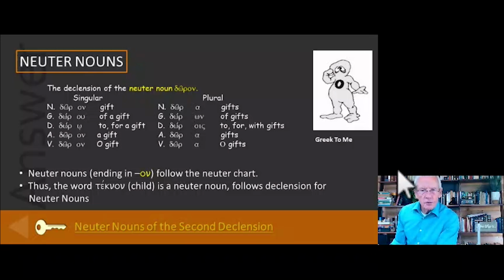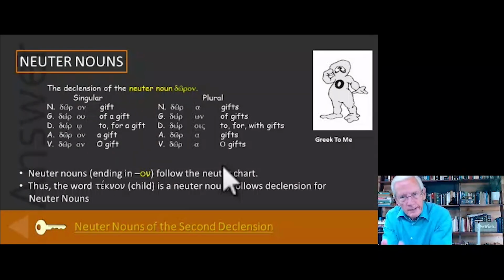Now, here are the neuter nouns and their endings. We have the neuter noun doron, that means gift. So let's say these together. Doron, doru, doro, doron, doron. Plural. Dora, doron, dorois, dora, dora.